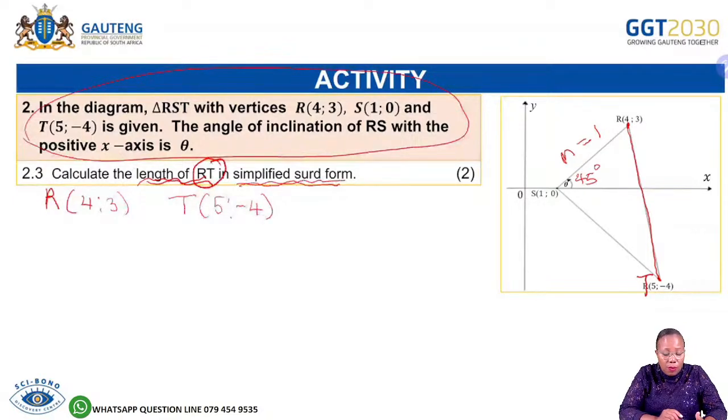And then now we are calculating the length. You look into your formula sheet. The formula is there for the distance, because length and distance is the same thing. So now we are calculating the distance RT.